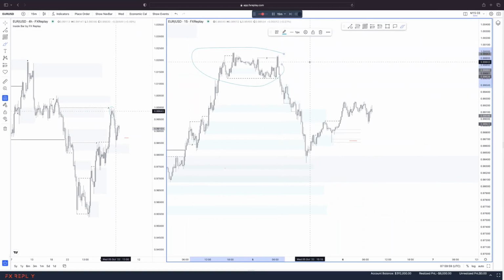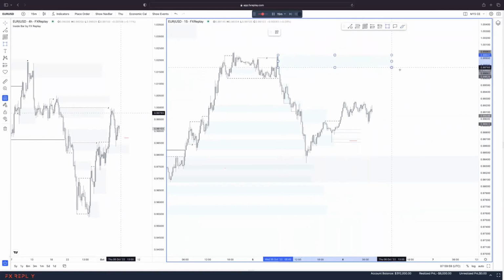This is unmitigated, so it is possible we could pull back the whole way up here and then continue lower. But that would be the one area that I would be reluctant to buy against.